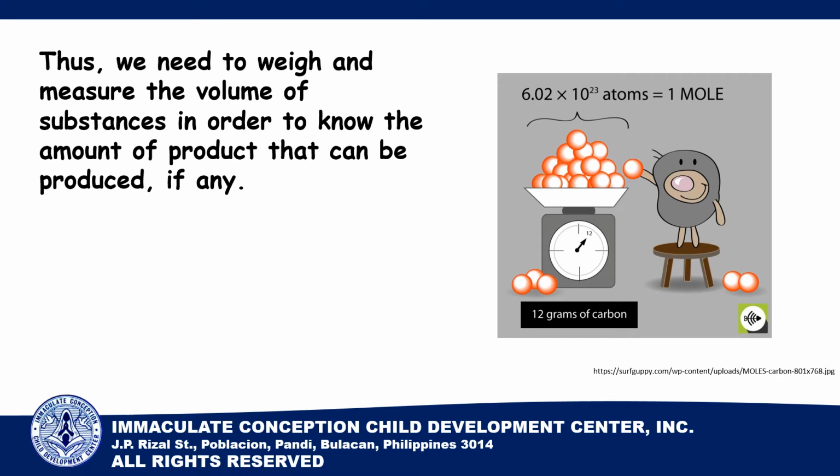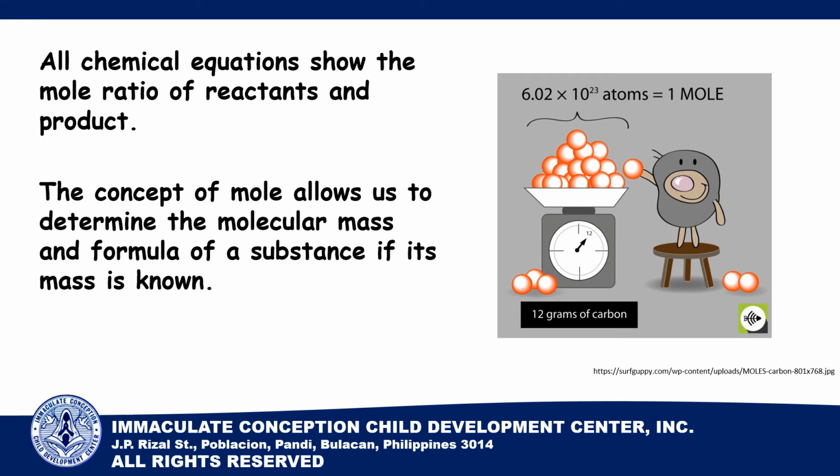Thus, we need to weigh and measure the volume of substances in order to know the amount of products that can be produced, if any. All chemical equations show the mole ratio of reactants and products.